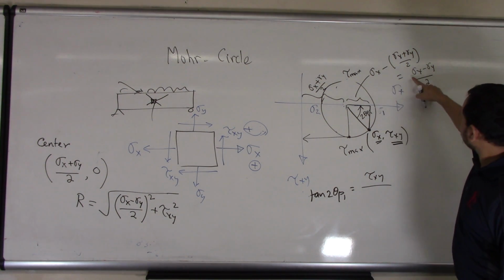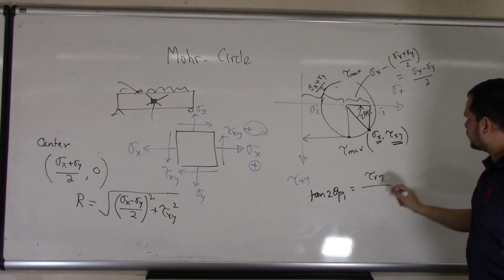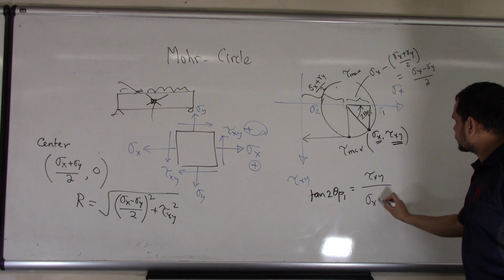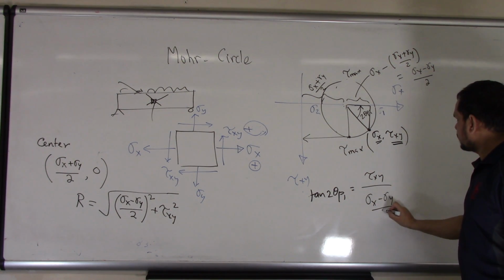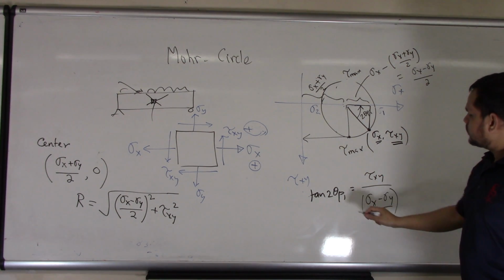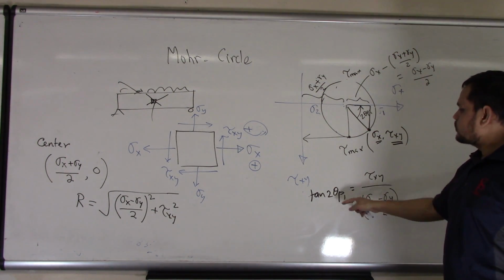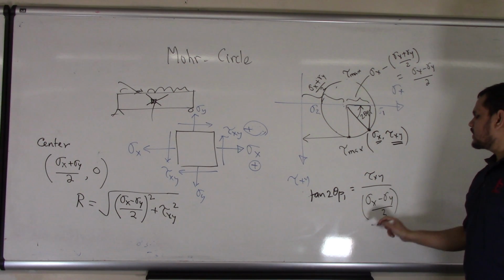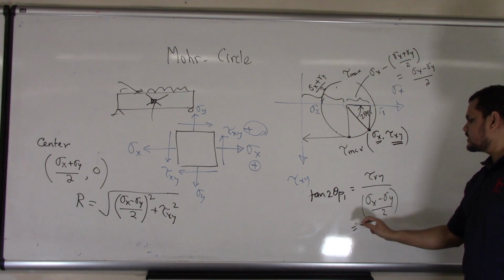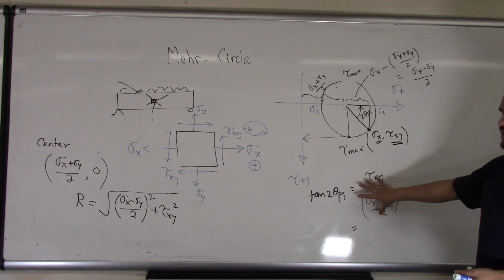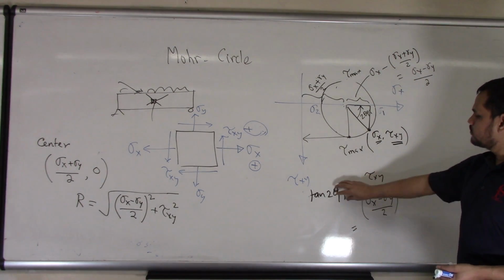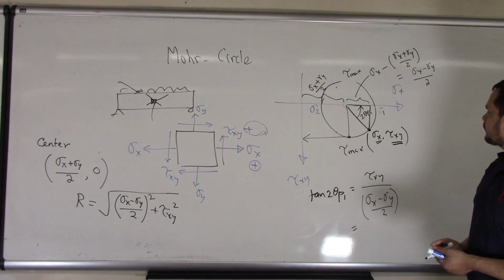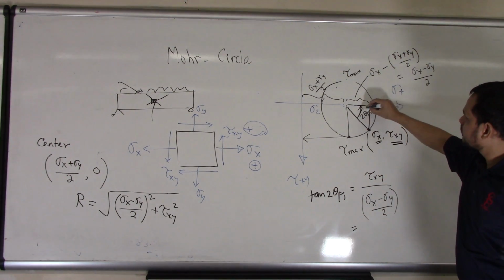So we use this equation to find twice theta P1. Whatever the angle is, find the angle here, then divide by 2, and we can find this angle. So we can find the orientation.